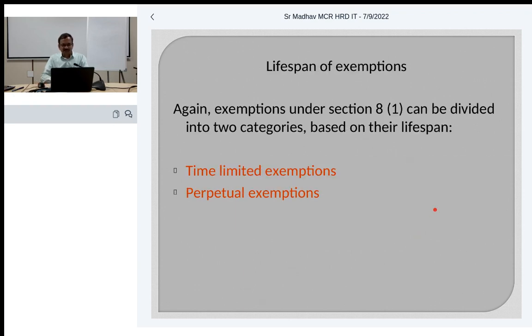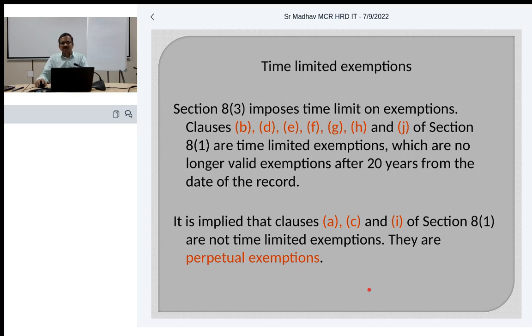And there is one more classification of these exemptions according to their lifetime. Some exemptions are permanent, that is perpetual exemptions, and some exemptions are time limited exemptions. So what are they? Here you can find that list. These three exemptions, Clause A, Clause C, Clause I, are the perpetual exemptions. That means there is no time limit on these exemptions. But the remaining exemptions B, D, E, F, G, H, and J are time limited exemptions.